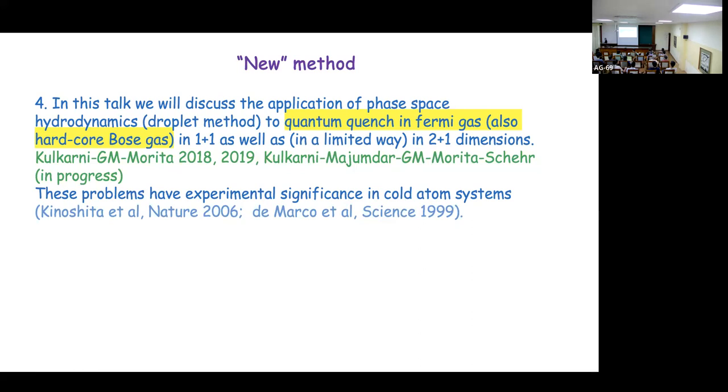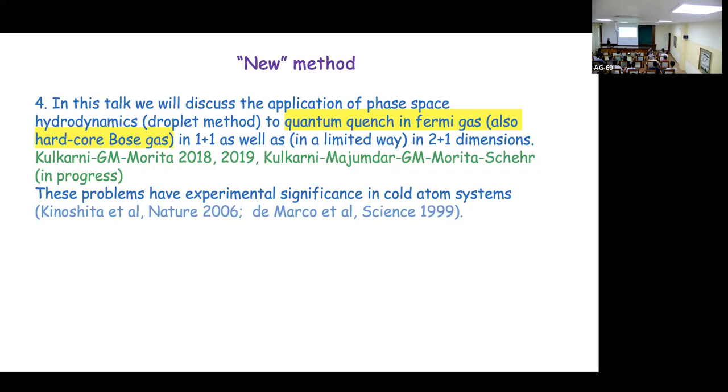In the limit of infinite hardcore repulsion, this is called the Tonks gas, in 1 plus 1 dimensions, as well as in a limited way in 2 plus 1 dimensions. So hopefully I'll get time to go to that.